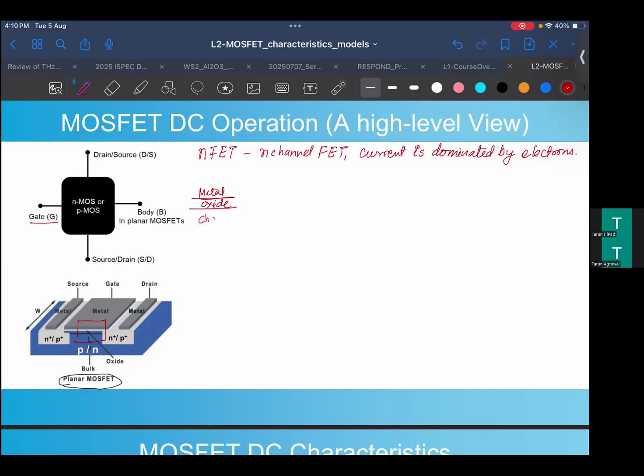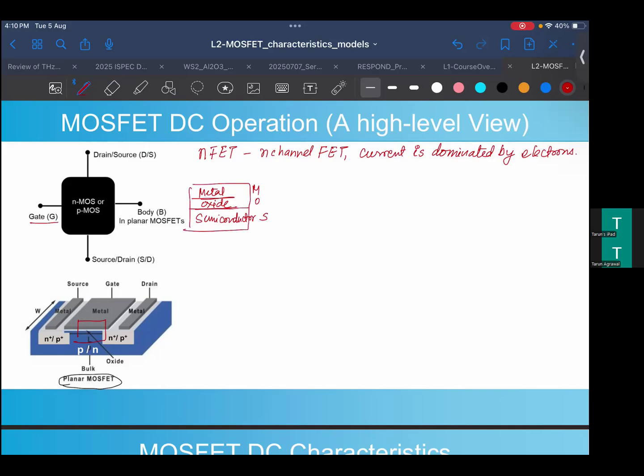This is your channel, or the semiconductor, where we form a channel. That is why it is called MOSFET, because it's a MOS combination, and this is the heart of your MOSFET.